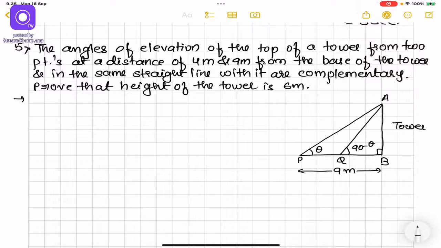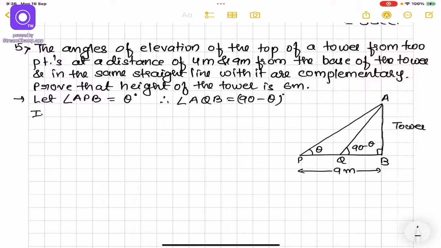Now, see, distance between them is 9 meter, so that I have shown. So now let angle APB equal to theta degree. So therefore angle AQB will be 90 minus theta degree.